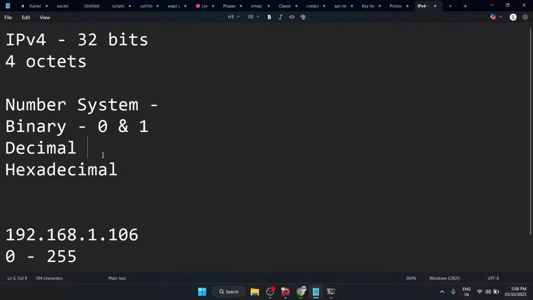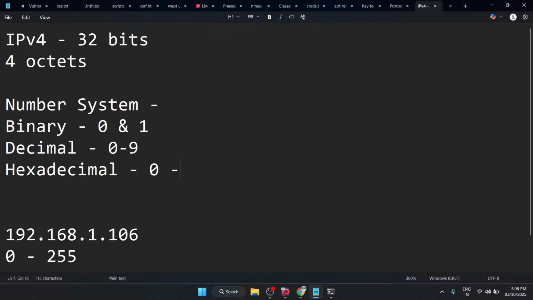In decimal numbers, dec means 10, and it ranges from 0 to 9. Hex means 6 and dec means 10, so 6 plus 10 is 16.